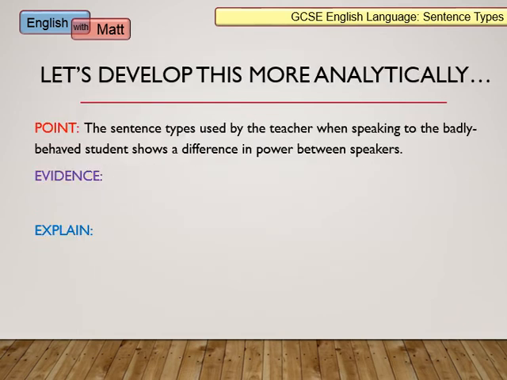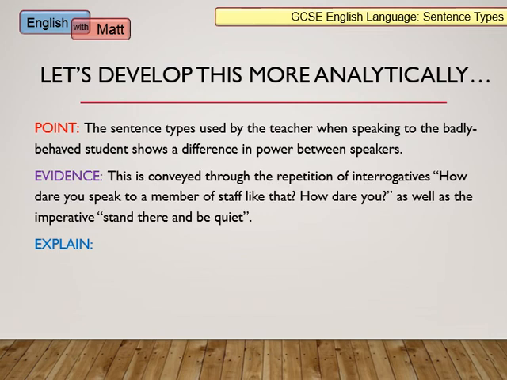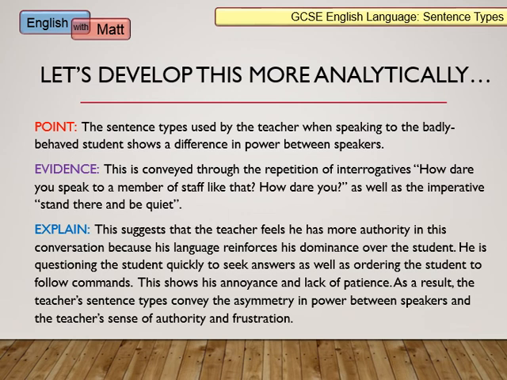So you start by saying, the sentence types used by the teacher when speaking to the badly behaved student show a difference in power between speakers. The evidence is conveyed through the repetition of interrogatives. How dare you speak to a member of staff like that? How dare you? As well as the imperative, stand there and be quiet. This suggests that the teacher feels he has more authority in this conversation because his language reinforces his dominance over the student.